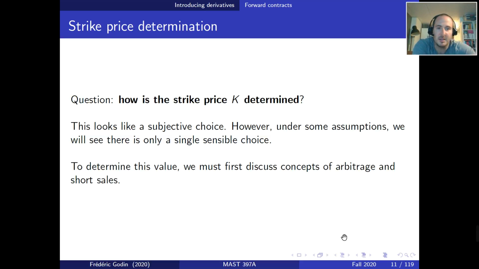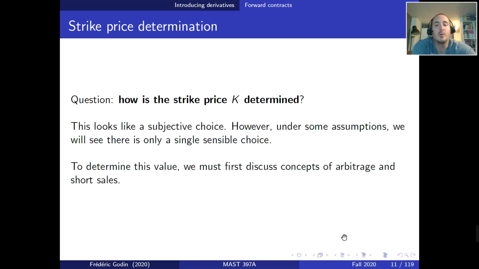This is subjective, but we will see next that under some assumptions, there will be only one single sensible choice for the strike price. Okay, so we will see that under some assumptions, this strike price should not be subjective. There's only one value that would make sense for it.